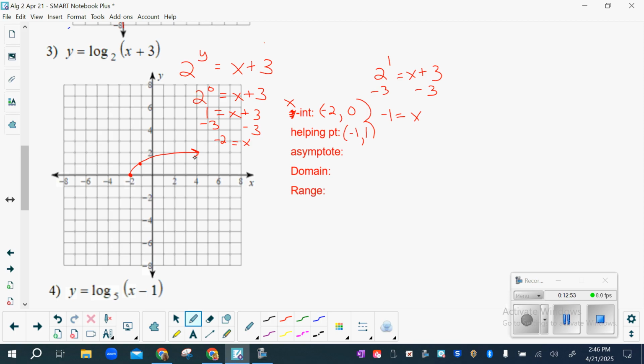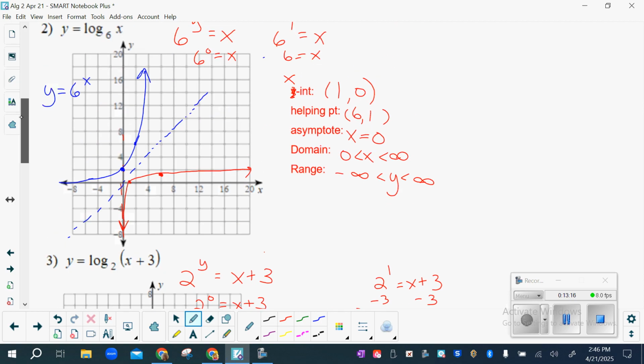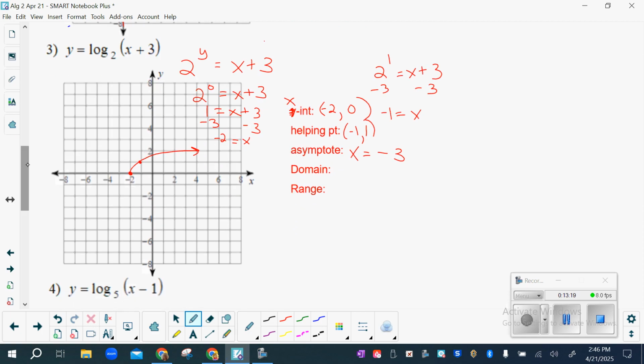What does this plus 3 do to the graph? It moves it what direction? Left 3. So what will my asymptote be? X equals -3. So without the plus 3 there, it would be x equals 0, but the plus 3 moves it left 3. So it's x equals -3.